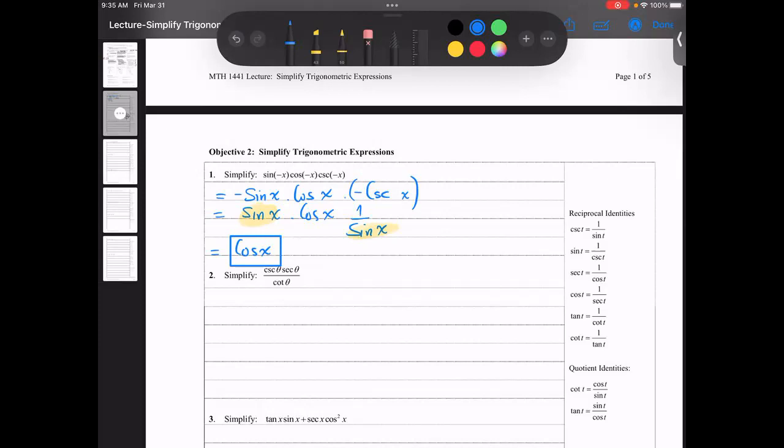Very good. Okay, now we have a complex fraction. When you divide a complex fraction, you flip and multiply. Do things like you do in algebra. We're not solving it.